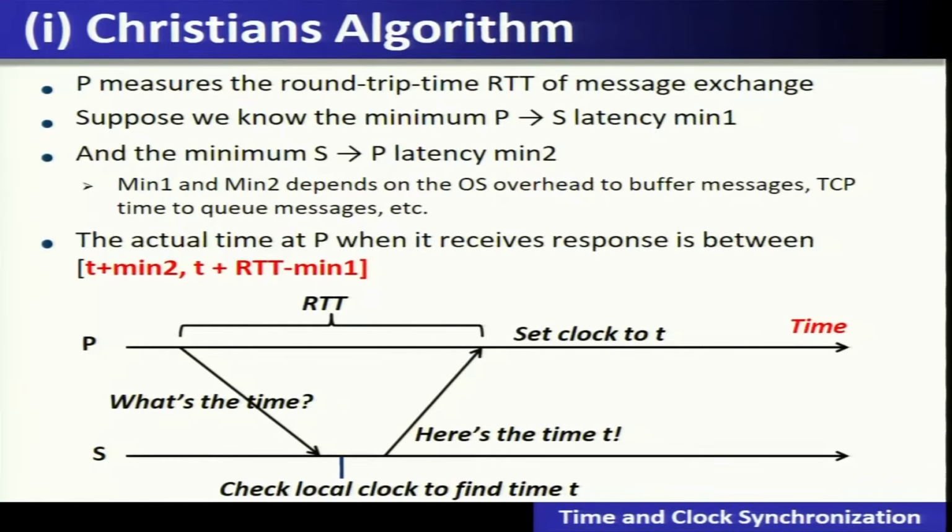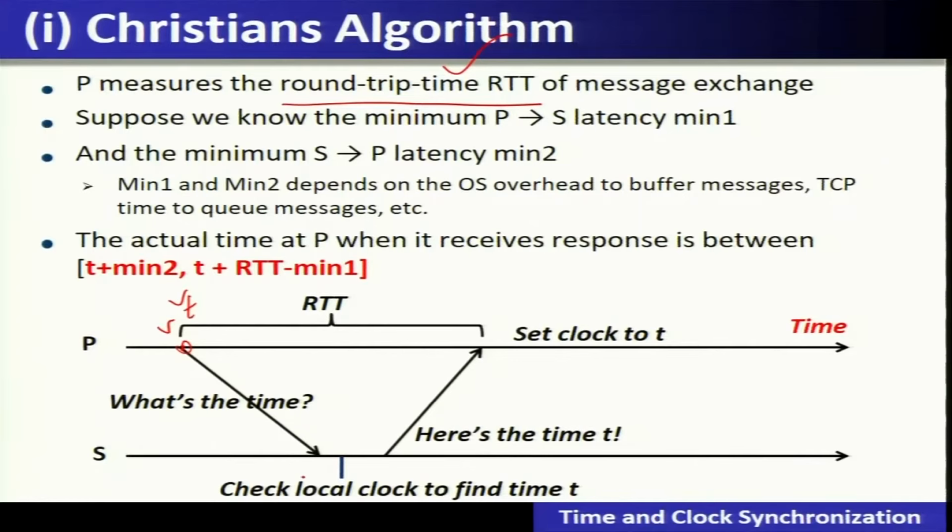Let us see Christian's algorithm, how it does this external synchronization. Here, P now measures the round trip time of the message exchange. Round trip time means that when P sends a message, it notes down its time.